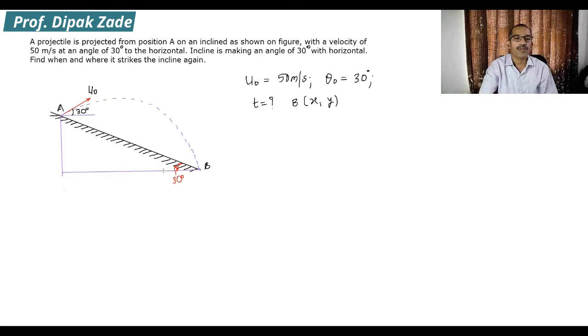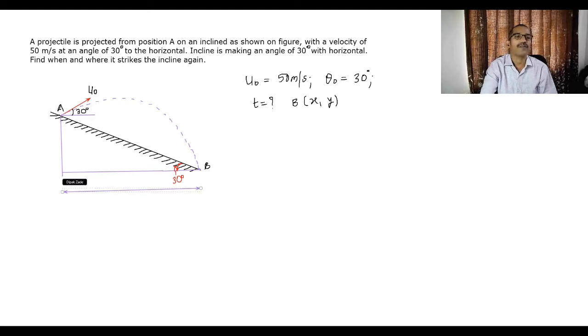Now, if I represent the position of point B with respect to point A, the horizontal distance we represent by x. This is the horizontal distance, so this dimension is x. And from point A, this vertical dimension we represent as y. So this dimension is y.